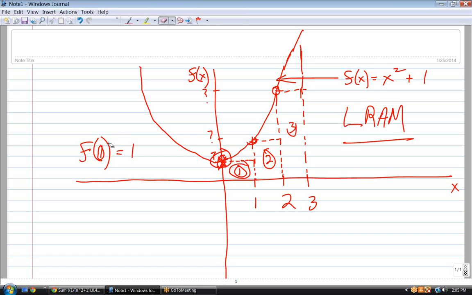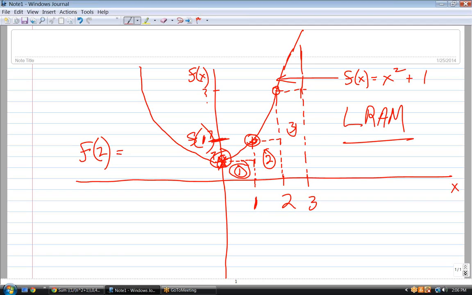What is the area of rectangle number 2? It's going to be f of 2, right? Sorry, I keep making mistakes. That point is f of 1. Here's 1 right here.